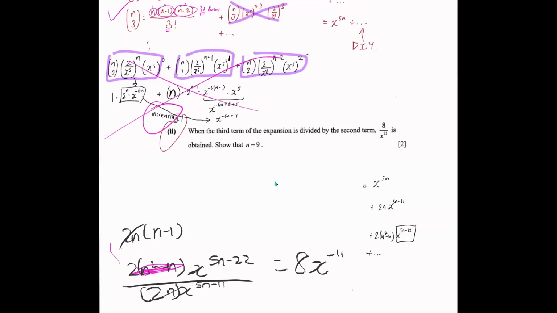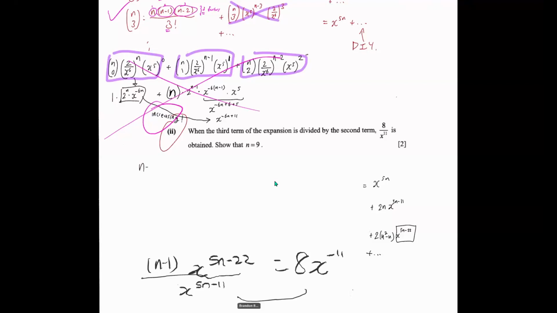So instead of this and this, just n minus 1. Then you bring over x. No. Simplify the x on one side. I think it's safer if you bring it out first.